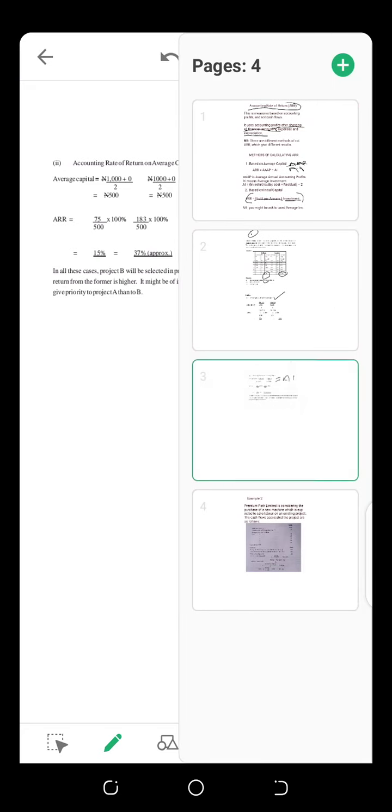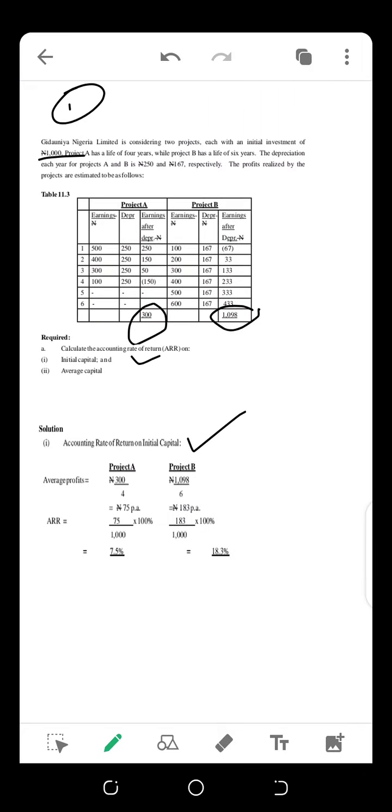So the next thing you do is to calculate the average accounting rate of return based on average capital. Our average profit has been computed here to be 75 and 183. Just the investment will change.